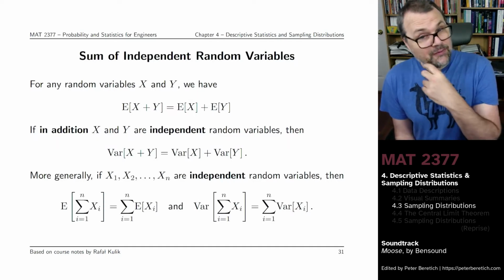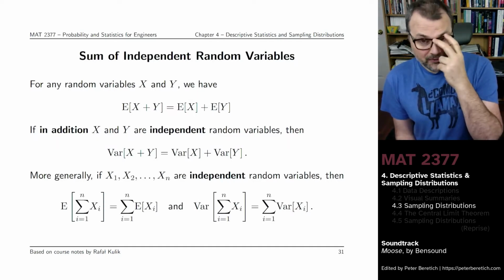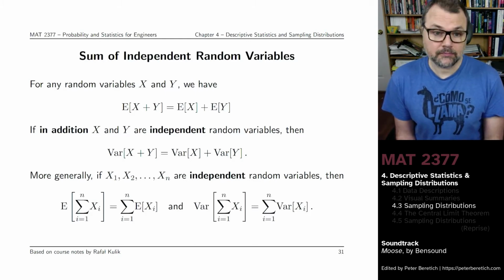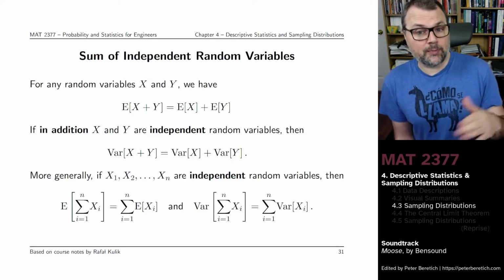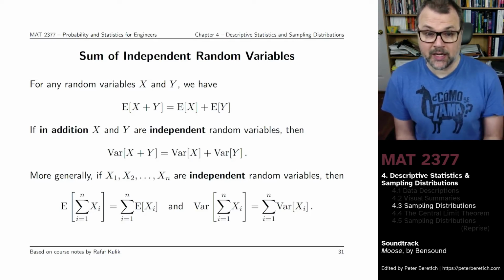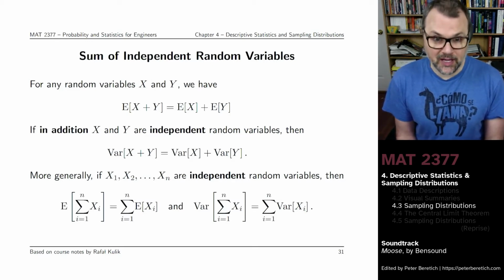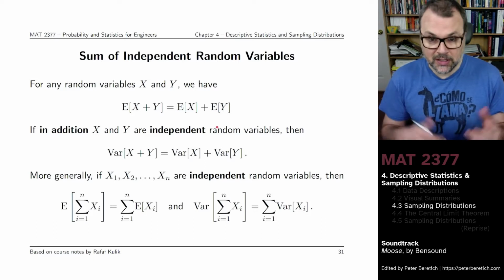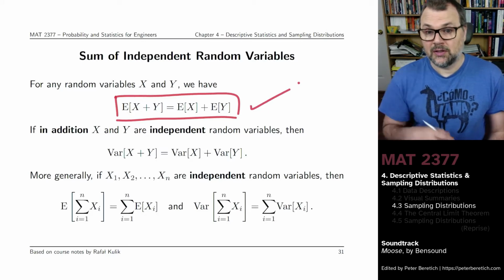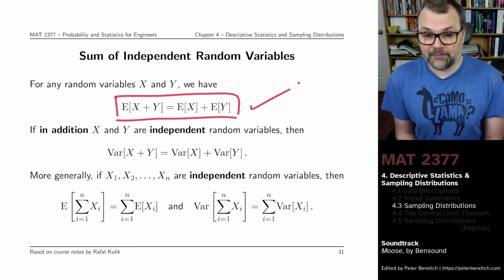If you have two independent random variables, you can say a few things about them. Well, first of all, whether they're independent or not, the expectation of the sum of two variables X and Y is simply the sum of the expectations. So this works like a lot of things you would expect. It works like differentiation, it works like integration. This is a nice linear property.